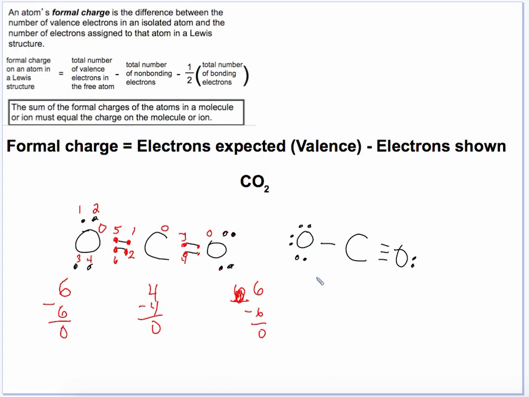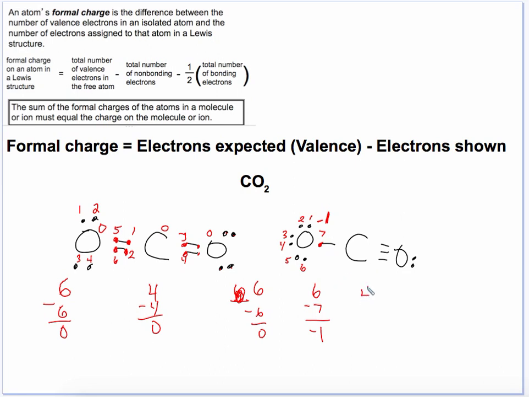Let's start with the oxygen here. Oxygen has 6 valence electrons. Let's count how many are shown: 1, 2, 3, 4, 5, 6, and then there would be 1 there, so that would be 7. So 6 minus 7 equals -1. This oxygen has a -1 formal charge.